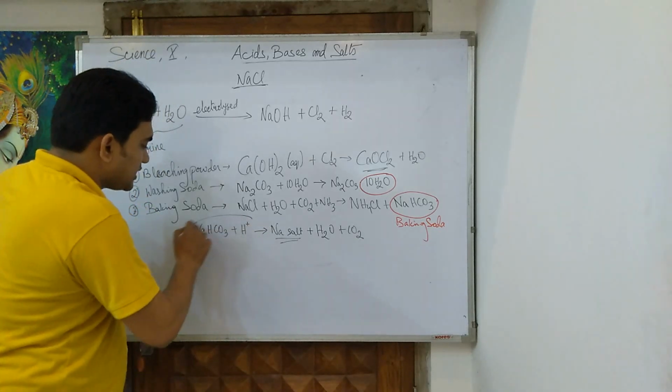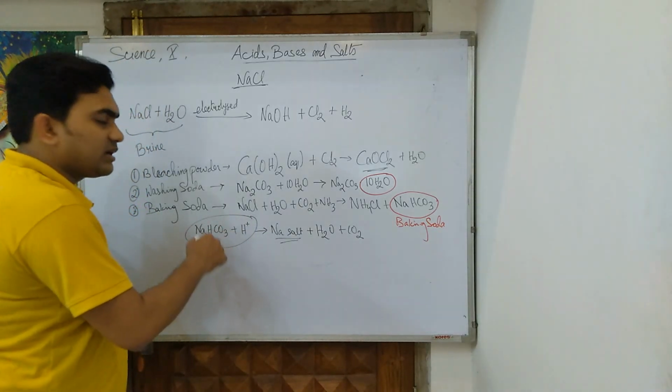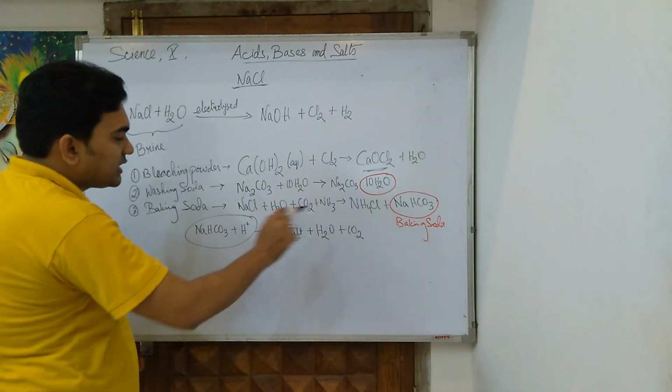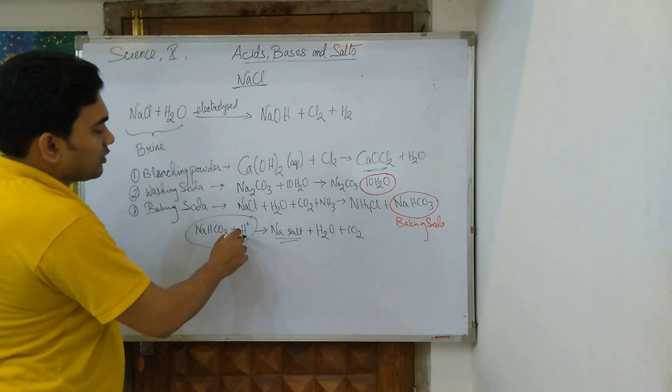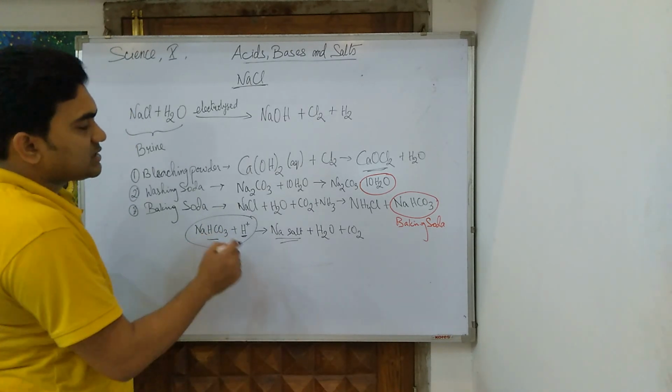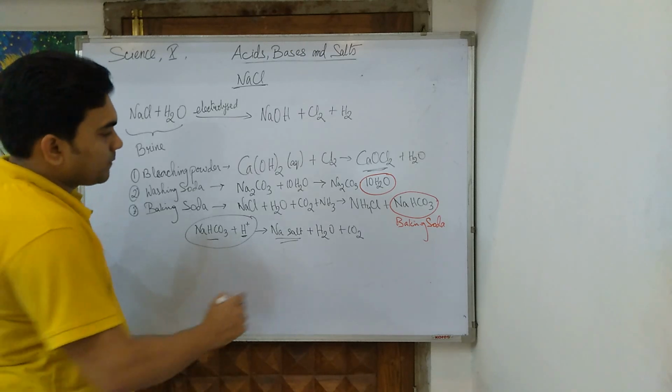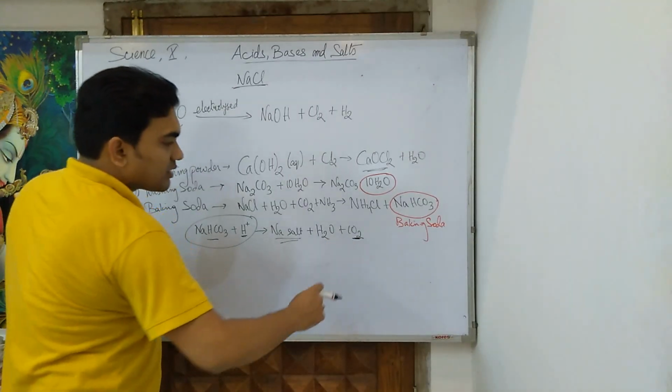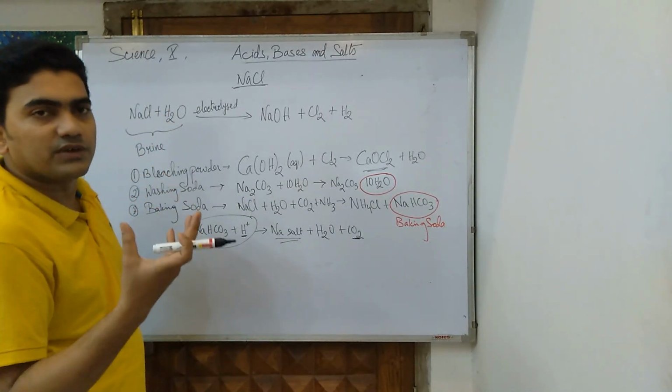So this combination is baking powder. A combination of edible acid with baking soda is called baking powder. This carbon dioxide makes our cakes fluffy.